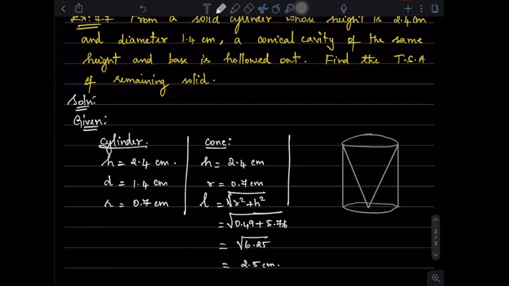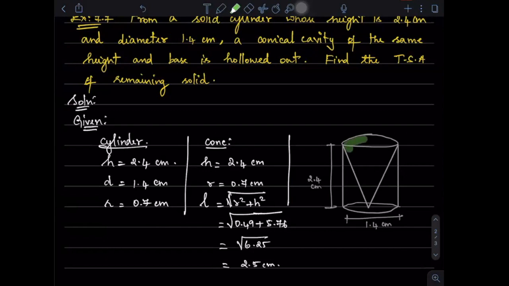Now what is required? Sir, what is the difference between carved out and hollowed out? Carved out means they cut and take it out. It's simple English. Hollowed out means they make a hole, like this place becomes empty.